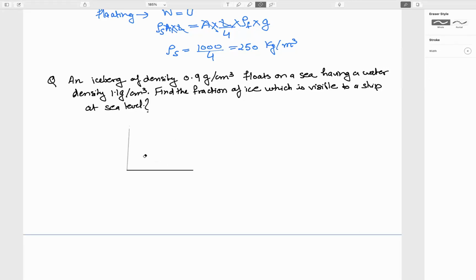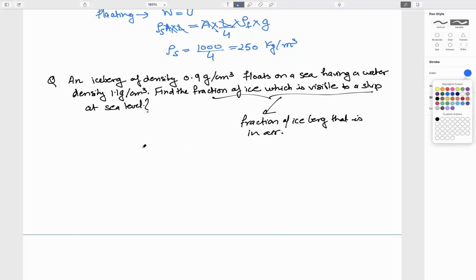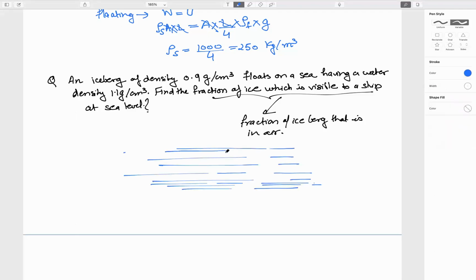The fraction of ice which is visible to the ship is the fraction that is in air. So let's say this is a sea, and this is a big iceberg. Let's say X part of it is visible. We need to calculate X. Total length, let's say, is L.